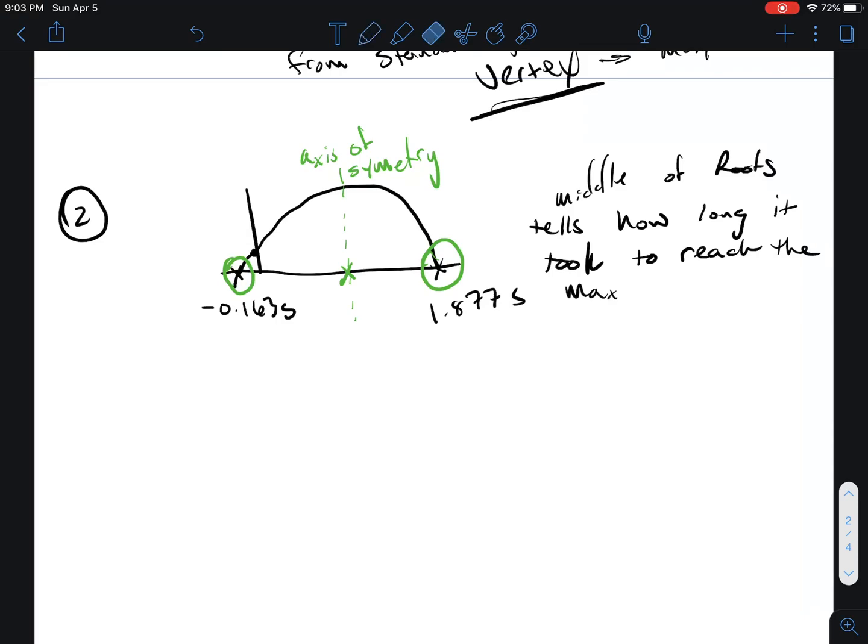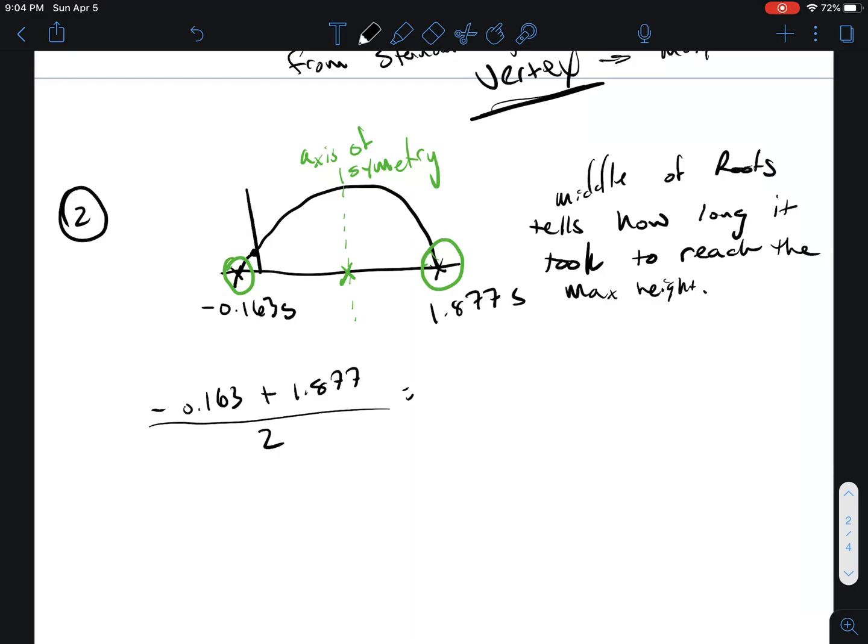Right? If I know how long something takes, I can then find what the maximum height was, right? So, let's do that then. So how do I find the middle of the roots? Well, I take -0.163, I add it to 1.877, and then if I divide those by 2, that gives me the middle of them, right?